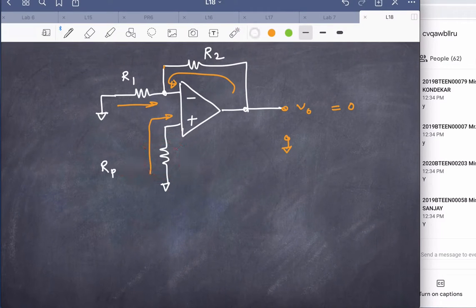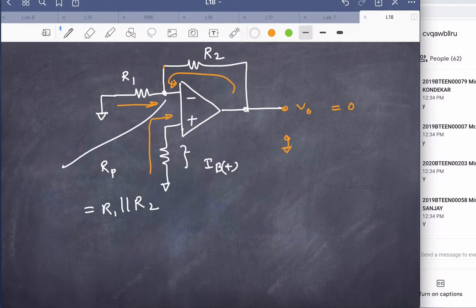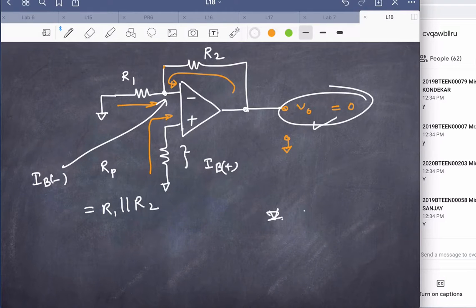So if we take Rp equal to R1 in parallel with R2, the drop across this because of IB non-inverting and the voltage at this point because of IB inverting will be the same, and that will make output 0 if the input offset voltage is 0.